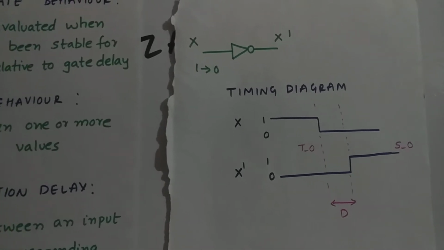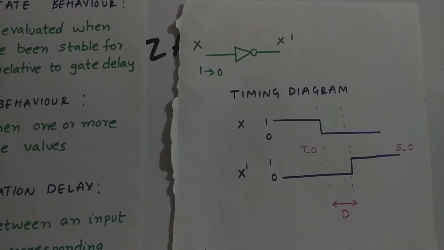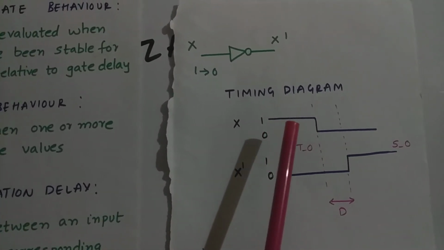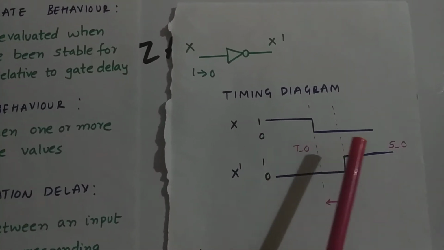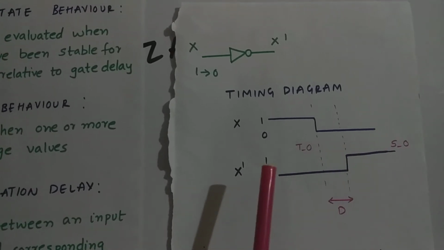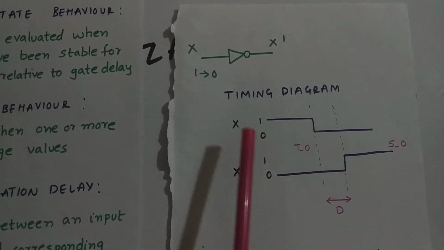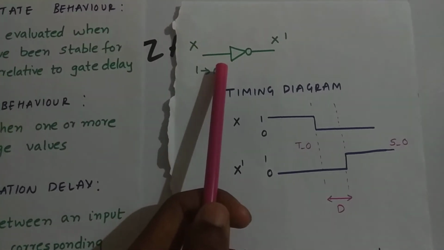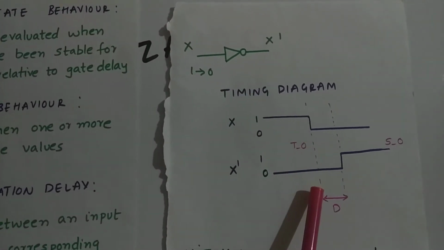The timing diagram shows that X is 1 for a certain period of time, changes from 1 to 0, and again becomes stable. Due to the delay of the gate, it takes some time to cross from here to here. As a result there's a certain delay.